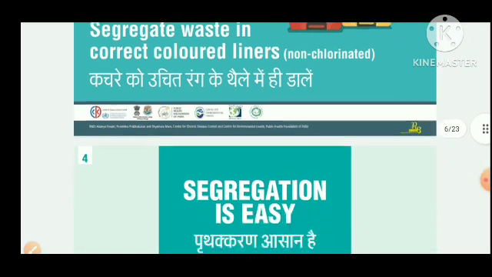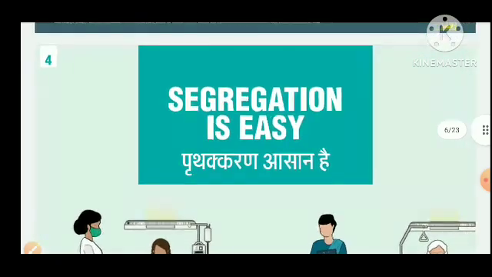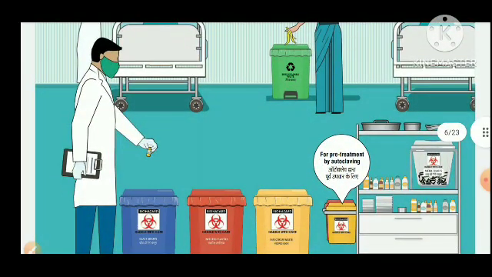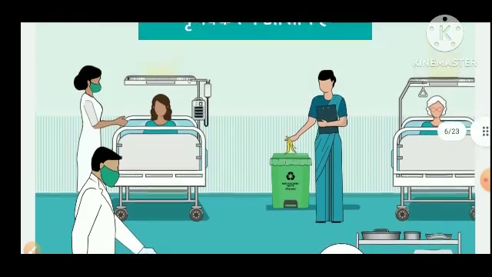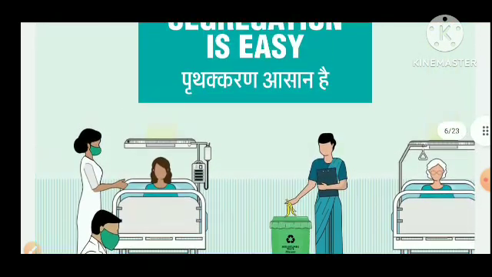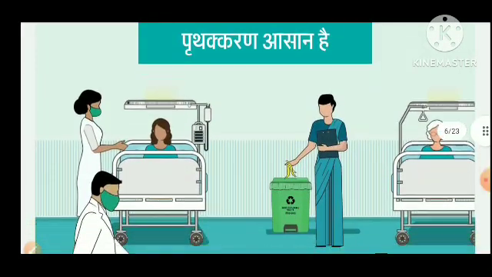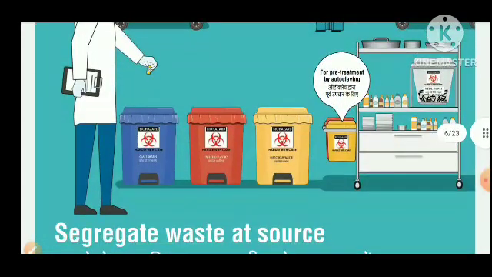Next one is segregation is very easy if we are habitual about which things are to be kept in which bins, and if we follow those rules very efficiently and obediently. Then for the person dealing with biomedical waste management, segregation is really an easy task.